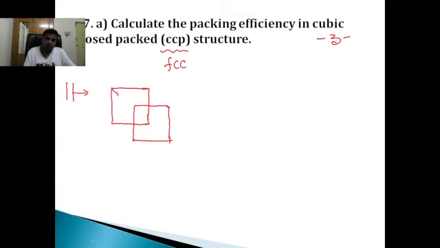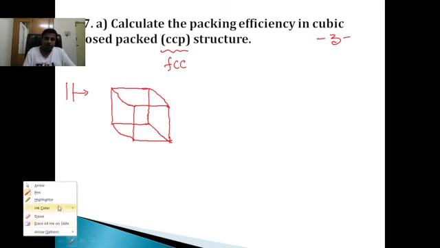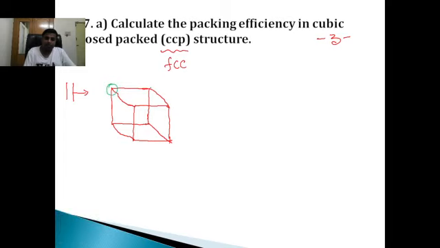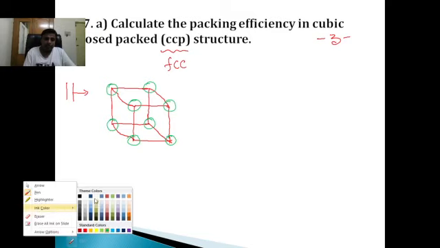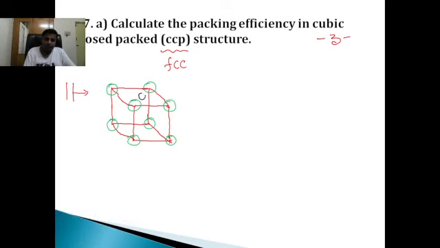A unit cell is said to be FCC, face centered cubic lattice, if there will be particles at the corners of the unit cell, and also there will be particles at the centers of each face, like this.